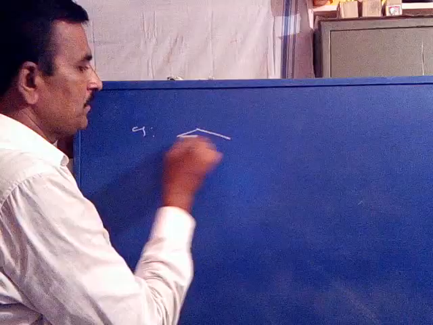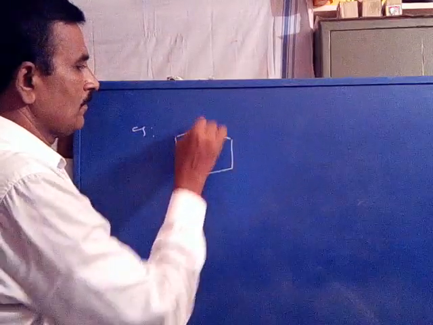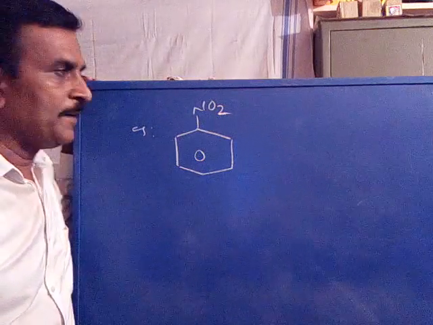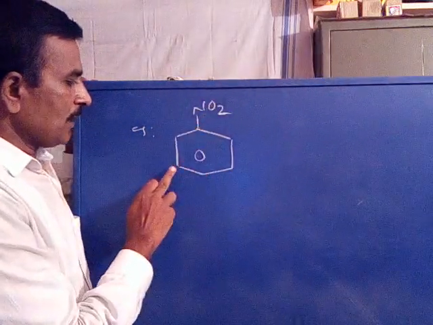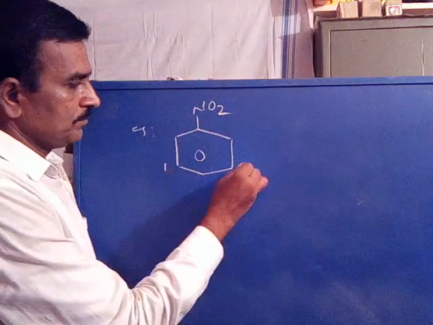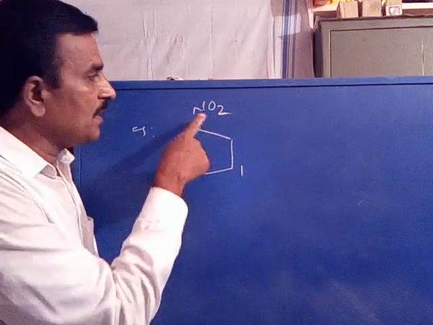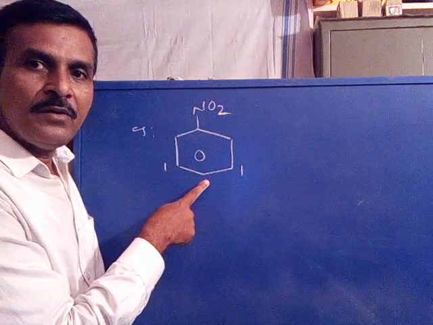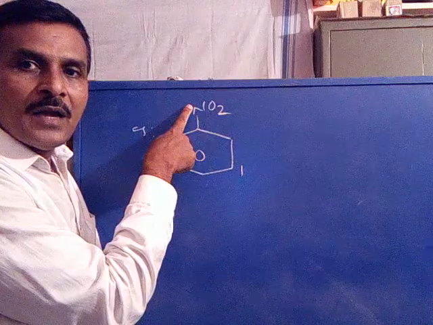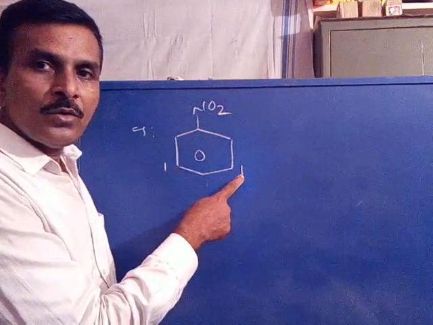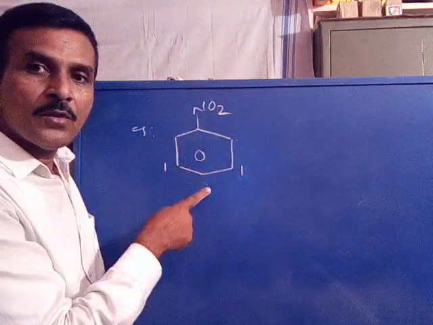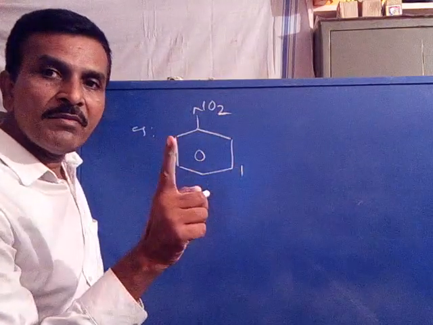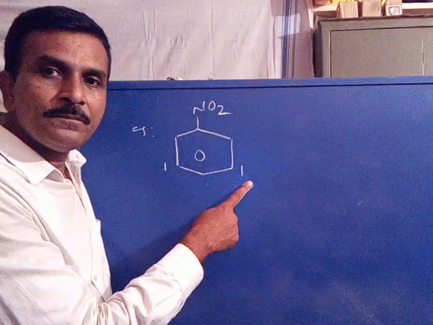take nitrobenzene. C13 spectrum for nitrobenzene. Now, the meta carbons are set 1. These two carbons are equivalent. NO2 is an electron withdrawing group, so the ortho and para carbons appear at a downfield value, whereas the withdrawing effect is almost 0 on the meta carbon, so it appears at an upfield value when compared with ortho and para. So the two meta carbons are equivalent, so they belong to group 1.